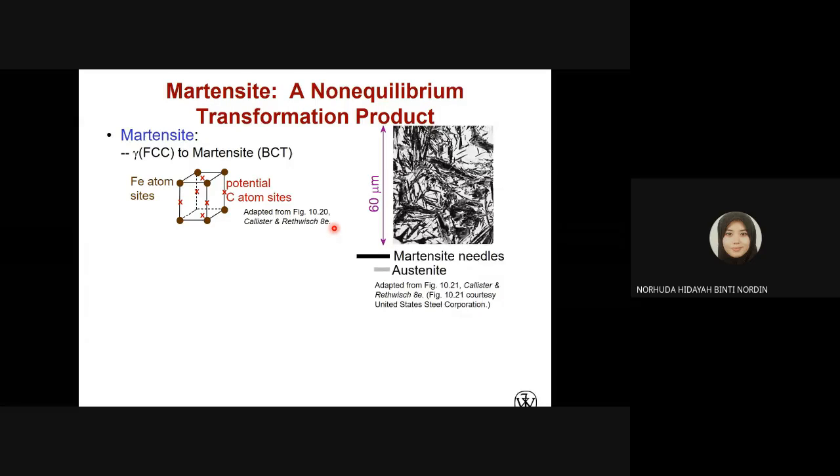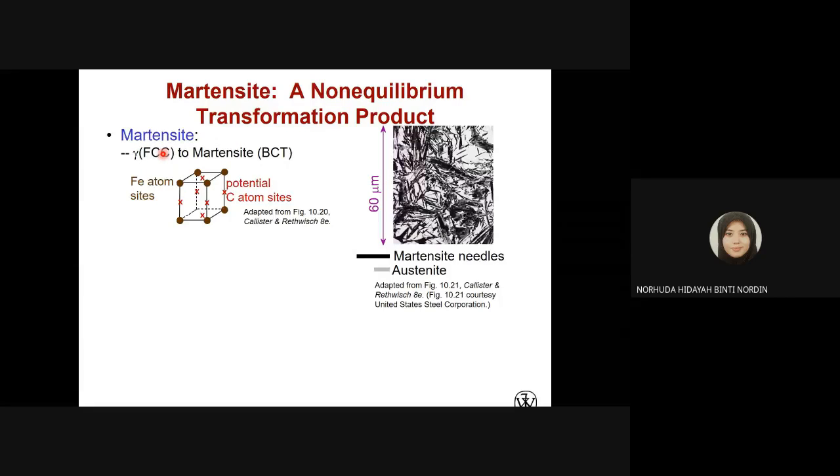There's another term, martensite. So you got perlite, ferrite, cementite, austenite, spherodite. Now we want to learn about martensite. Martensite is when austenite transforms to martensite.